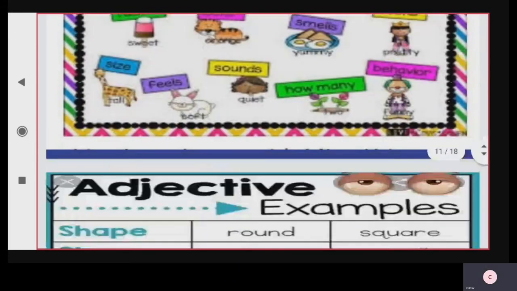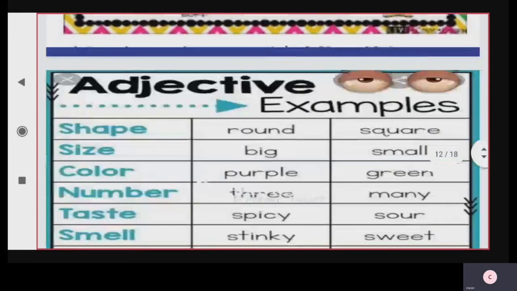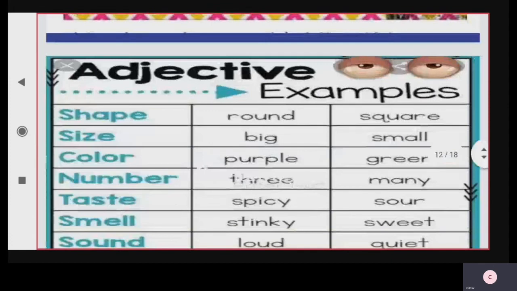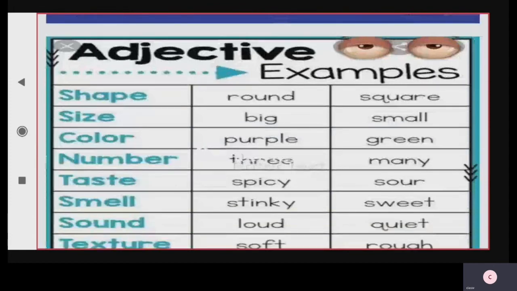Children, look at the examples of adjectives. Shape: round, square. Size: big, small. Color: purple, green. Number: 3, many. Taste: spicy, sour.